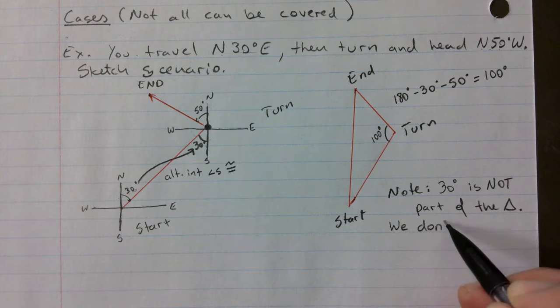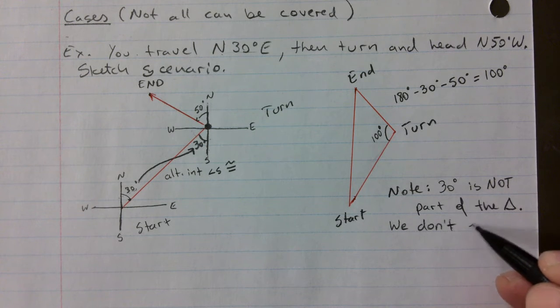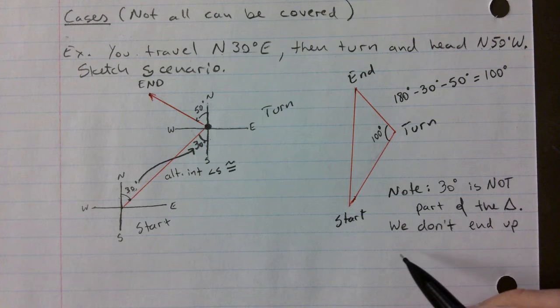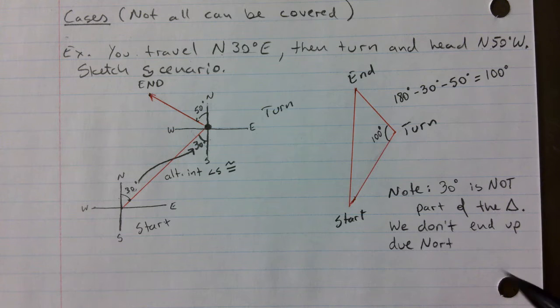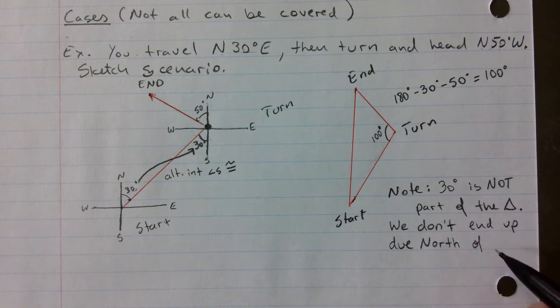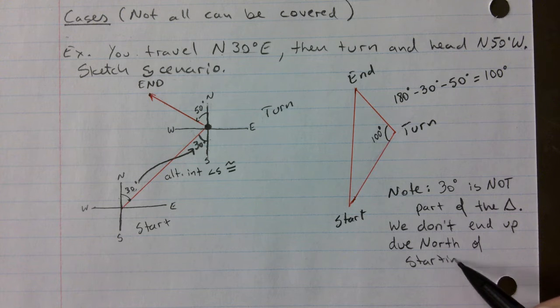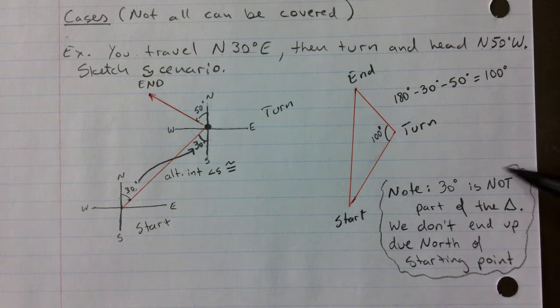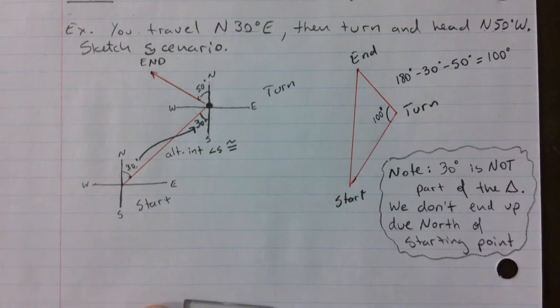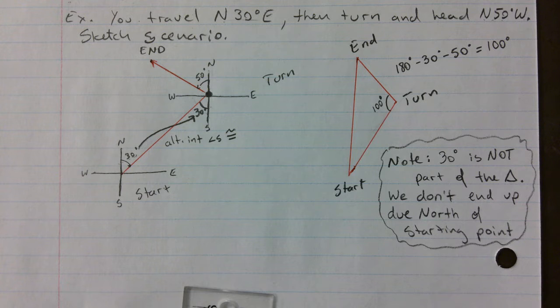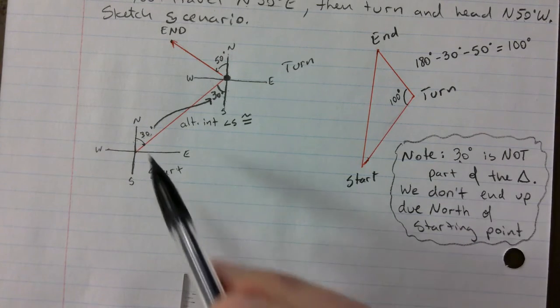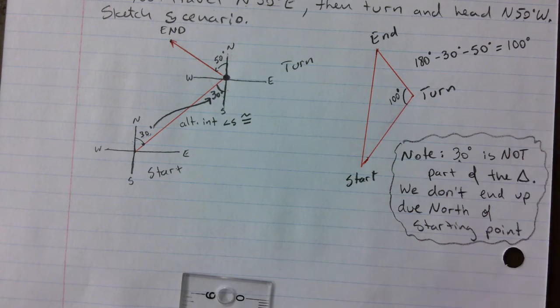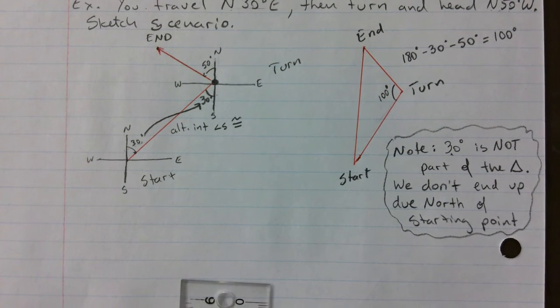We do not end up due north of the starting point. I want to make this part really clear, but if I go 30 and go X, cross it out, it might make it too messy. So I'll just leave it like that.